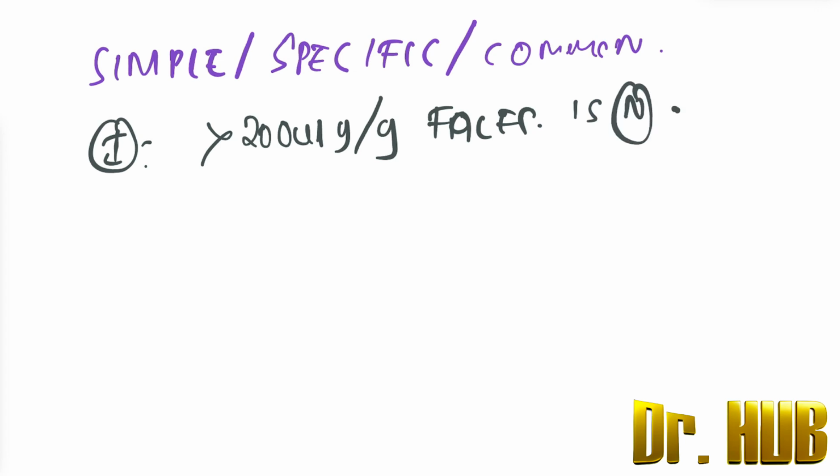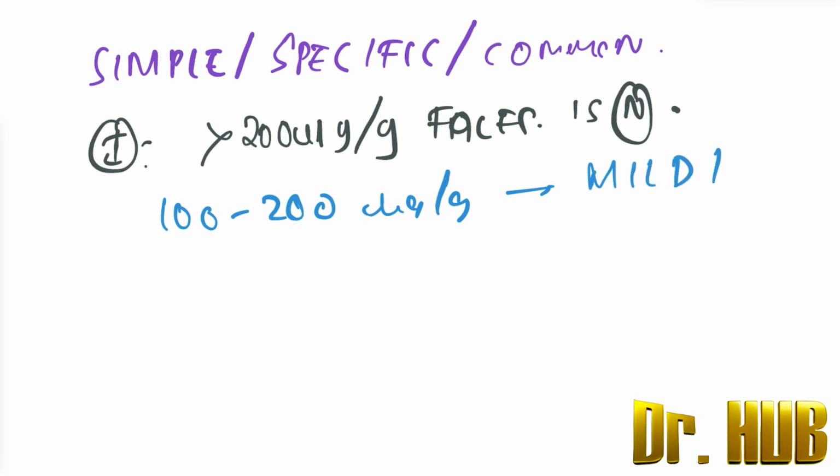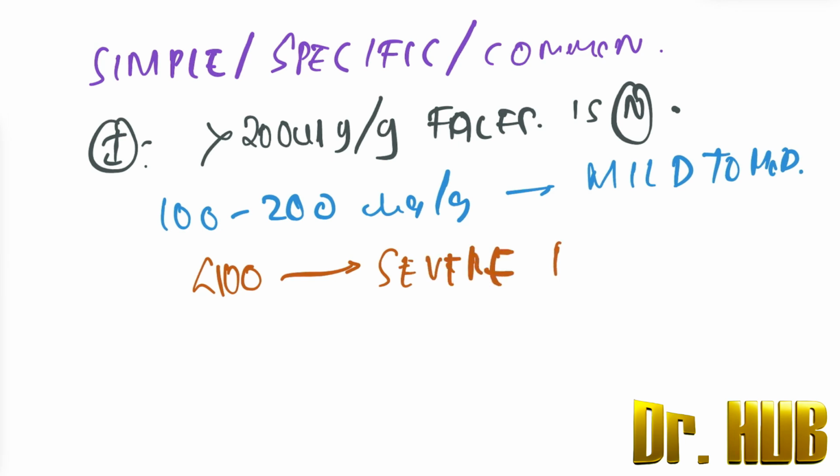Between 100 to 200 it is mild to moderate, and less than 100 establishes the diagnosis of severe pancreatic exocrine insufficiency.